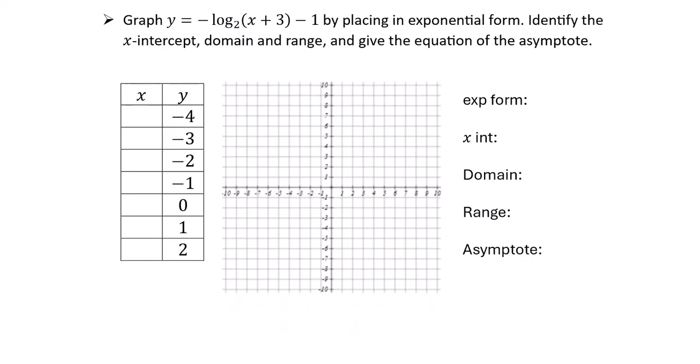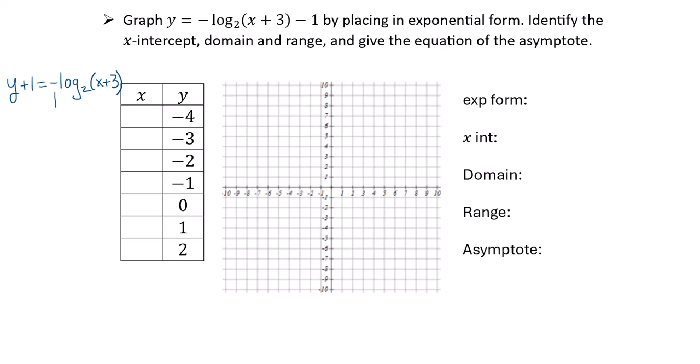Let's graph y equals negative log base 2 of (x plus 3) minus 1 by placing it in exponential form. We'll identify the x-intercept, domain, and range, and give the equation of the asymptote again. So this is going to take a little bit more work because it's a little bit more complicated function. But let's start over here. I'm going to start by adding 1 to both sides. My goal is to isolate the logarithmic expression.